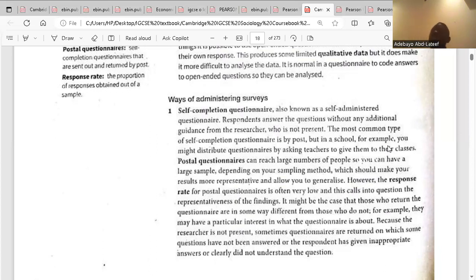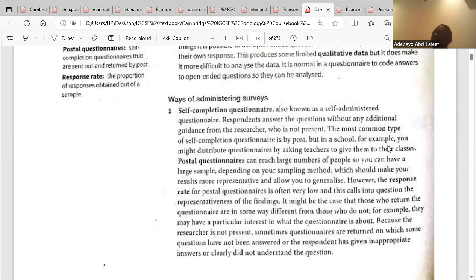When we have to administer questionnaires, there are different ways we can bring out questionnaires. The first one is the self-completion questionnaire. For self-completion questionnaires, the questions are answered by the participants without involving the researcher.